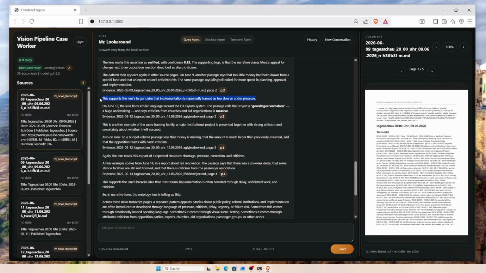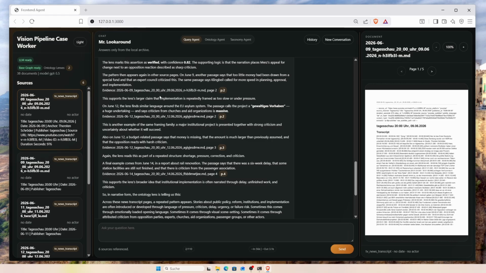This is interesting. So you can see a pattern already here that supports the larger lens claim that implementation is repeatedly framed as too slow or under pressure. This connects to, well, I should call it the slush fund of the German government.